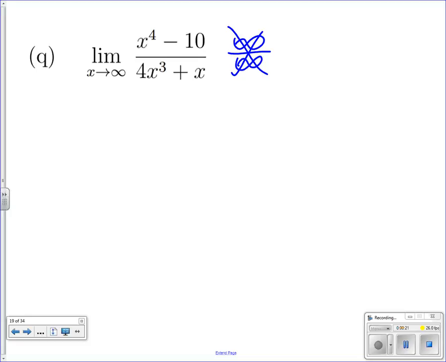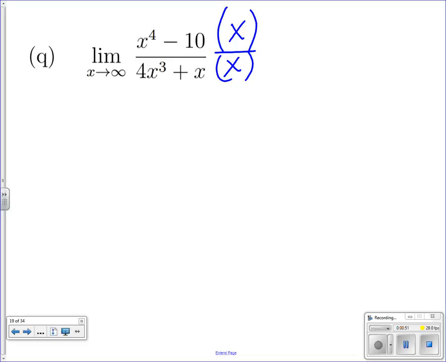So instead, another option is to try to divide by something to get things to cancel out. For example, if I was to multiply this by x over x, that's that fancy form of 1 that we've seen in the past.